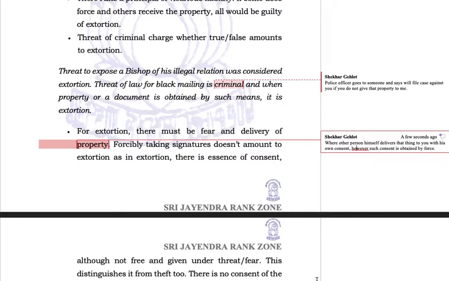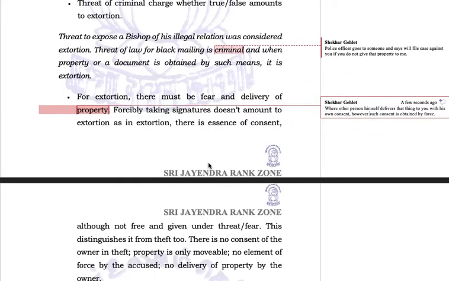Extortion is where the other person himself delivers that thing to you, that thing meaning property or cash or something else, with his own consent, although such consent is obtained by fear.